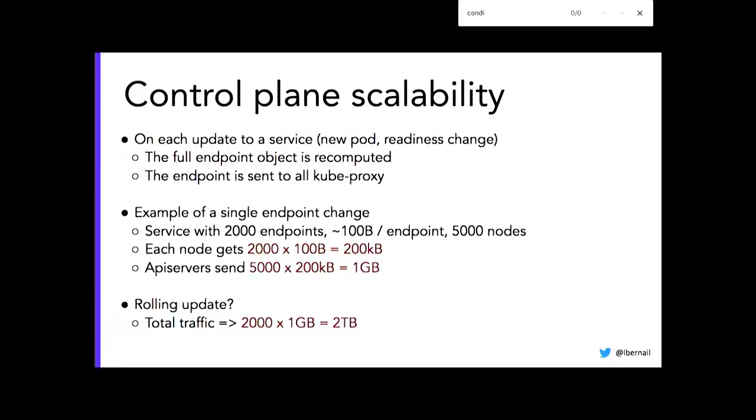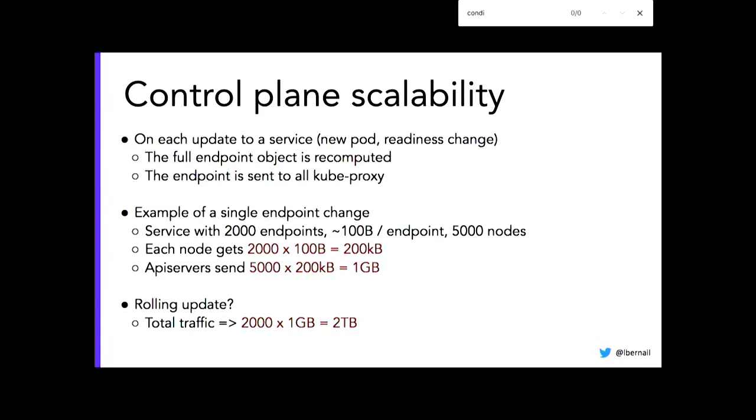Every time there's an update to a service, a new pod, or a pod becoming ready or not ready, the full endpoint object is recomputed and sent to all kube-proxies. It's fine if your endpoint object is small enough, but as it starts to get big, if you have, for instance, 2,000 backends, this can lead to a lot of traffic. So in my example here, imagine you have a service with 2,000 backends.